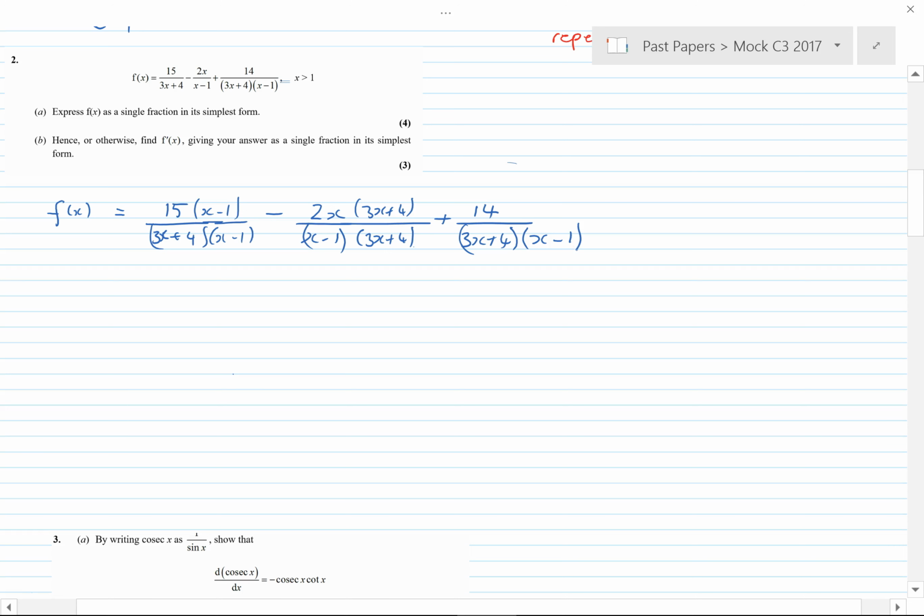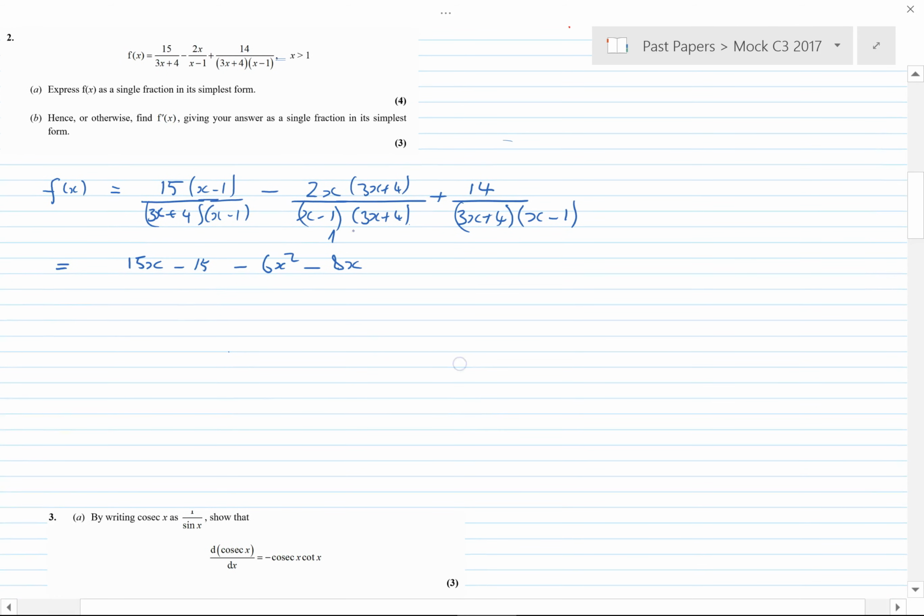Okay, so we now have a common denominator. If I multiply out the top, 15x minus 15 minus 6x squared minus 8x plus 14, and that's all over the common denominator of x minus 1, 3x plus 4.